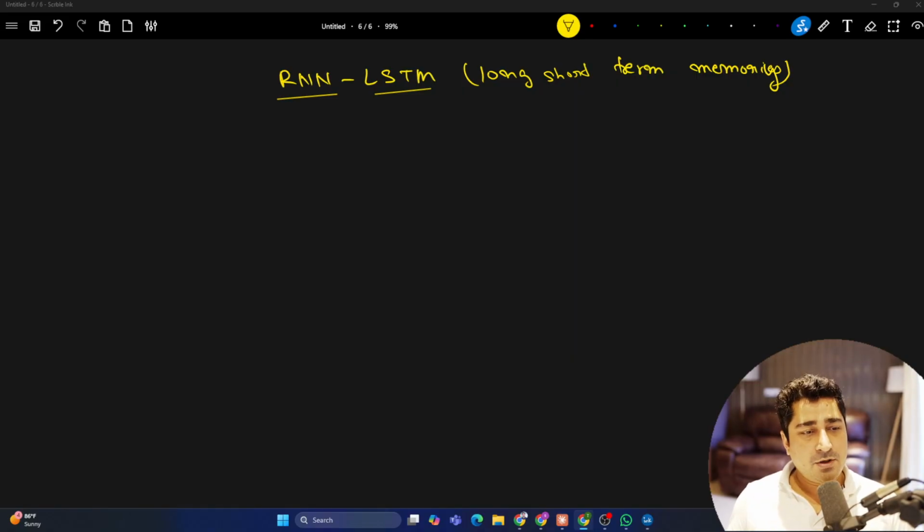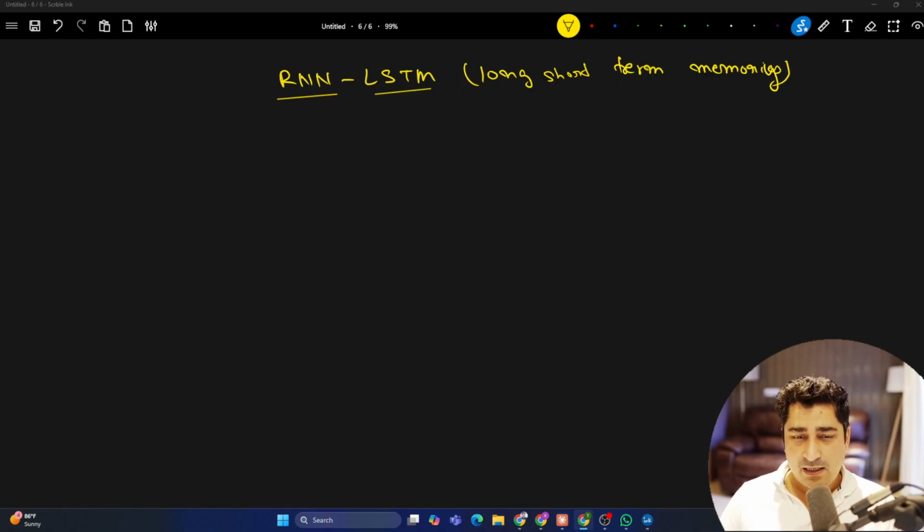So first of all, I'm going to draw the LSTM design, the architecture, and then eventually we'll try to understand what is going to do what at the end of the day. So let's see. If I talk about this RNN LSTM architecture, it's very simple.